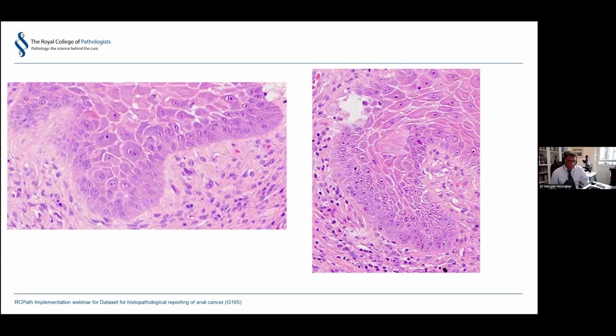But the terms DEVIL and VAM and so on are not accepted yet in the anal canal, though they are well recognized, I believe, in the gynae tract, where they do cause difficulty as well. It's not as straightforward as we say.